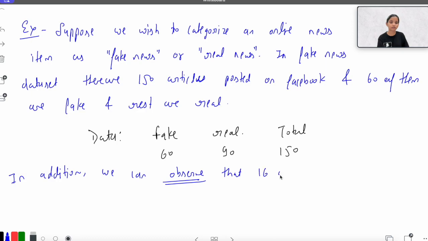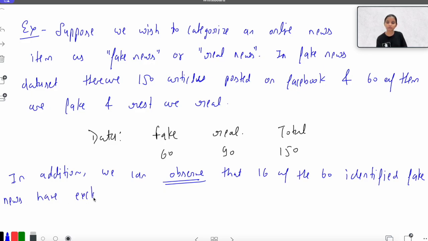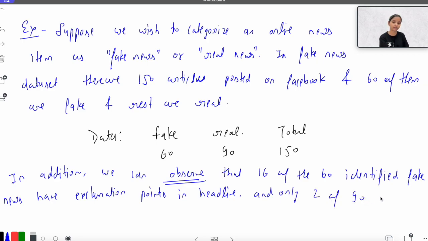Observe that 16 of the 60 identified fake news have exclamation points in the headline, and only 2 of 90 real news have exclamation points in the headline.